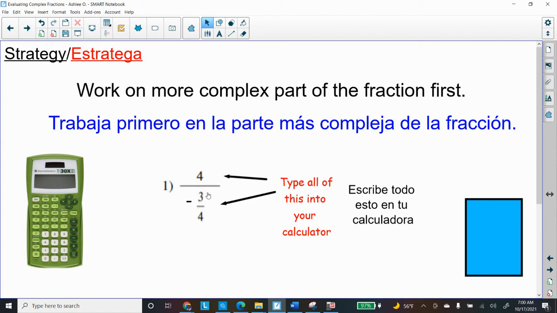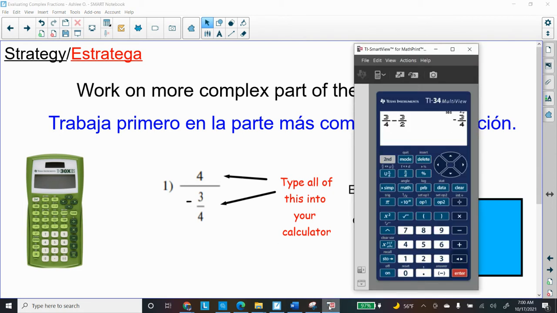So now all we have to do is type all of this into our calculator. So let me get my calculator again. So notice I have negative 3/4 there stored as part of the answer. So all I'm going to type is 4. And remember, the fraction bar means divide. So I'm going to press divide. And what's nice is this gives me the divide sign. If you have your regular TI calculator, you'll get a slash, but it's still nice.